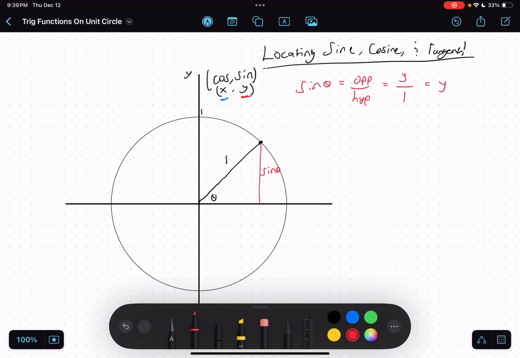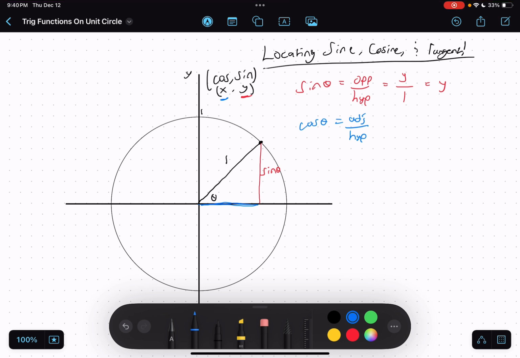Now, cosine is, in a sense, engineered the same way, only that I'm now dealing with a horizontal component. So I want to call this distance here cosine theta. And it makes sense, because I know cosine is just adjacent over hypotenuse, and relative to our reference angle, our blue line is the adjacent side.